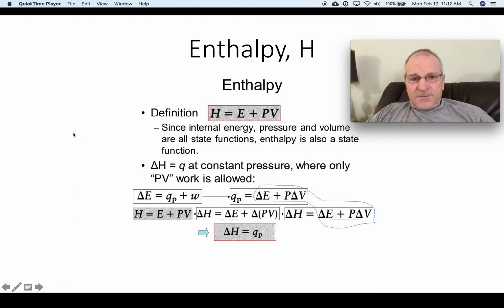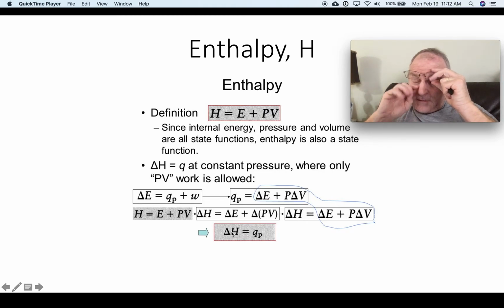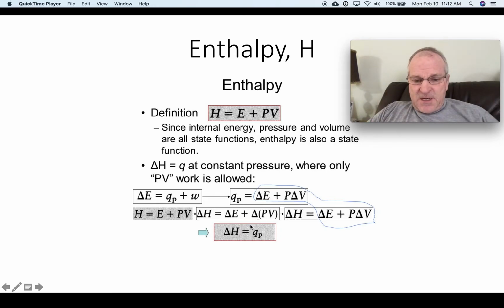Okay, so enthalpy, ready, fire, aim. There's a bunch of stuff on this introduction slide right here that is relatively significant. That's the one that is of any familiarity at the moment, that being delta H is the heat of reaction, and that little P right there means heat at constant pressure.